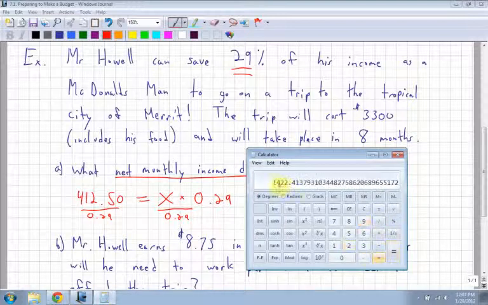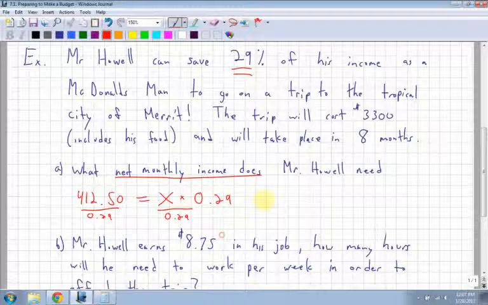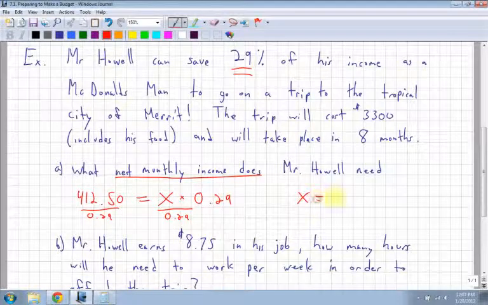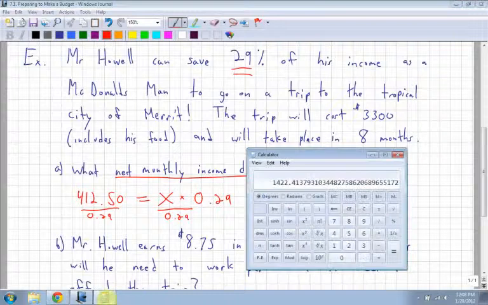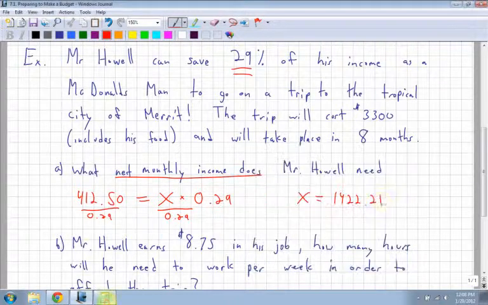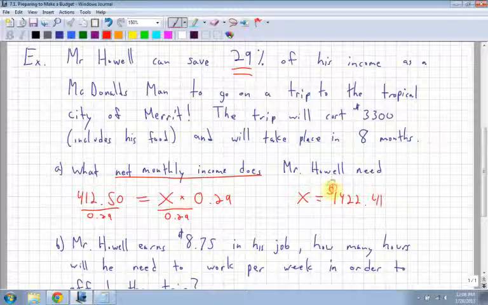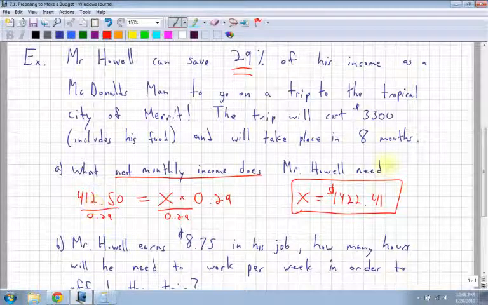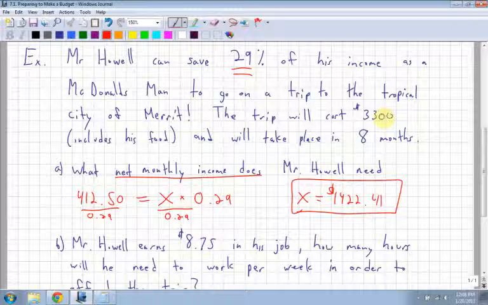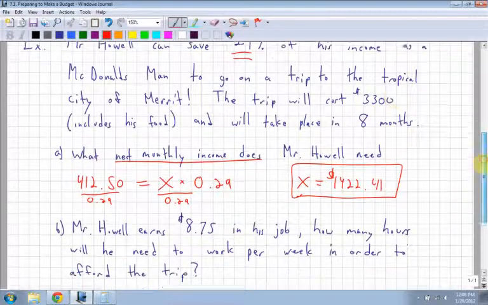My income X is equal to $1,422.41. So that's how much I need to make per month in order to save $412.50 per month to save up $3,300 for the whole trip.